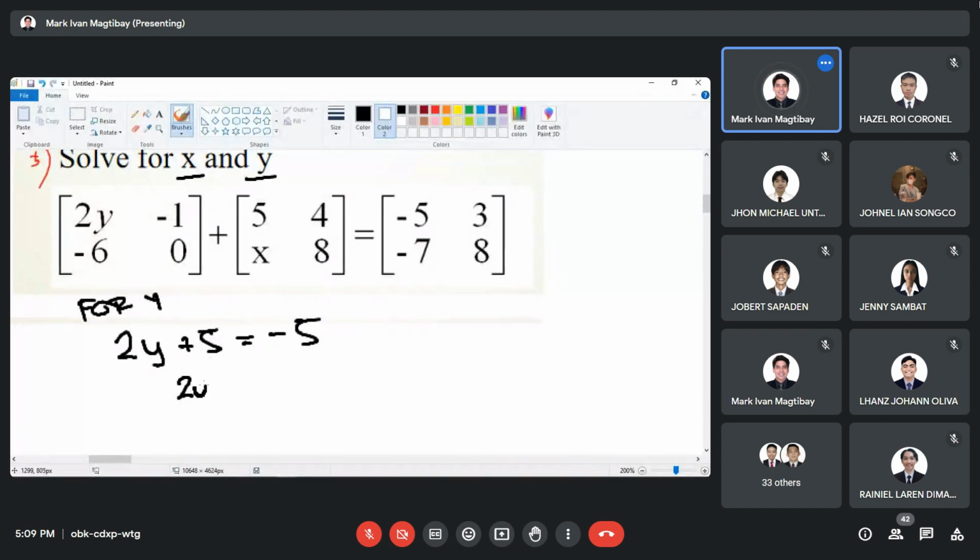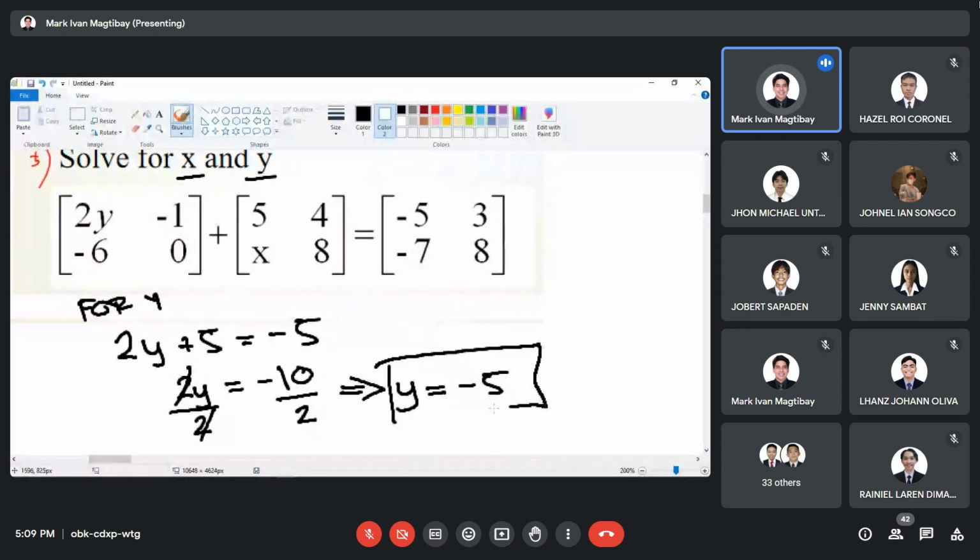So, 2y is equal to -5 minus 5, na alam po natin -10. Okay? And then, we need to divide that by 2. So, cancel out. So, meaning to say, ang magiging value po natin ng y is equals to -5 po. This would be your first answer.